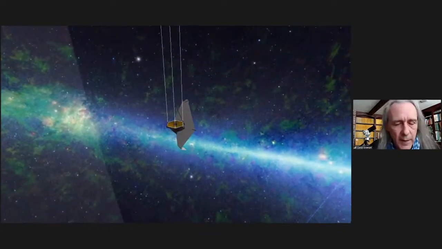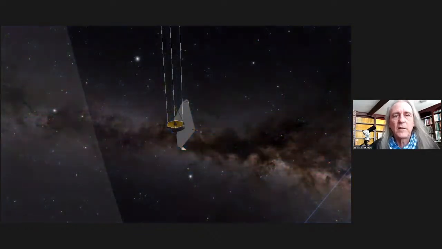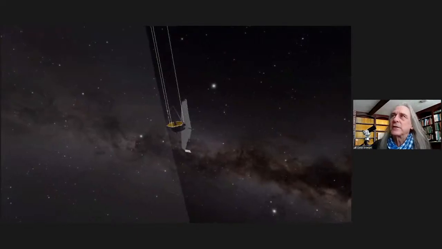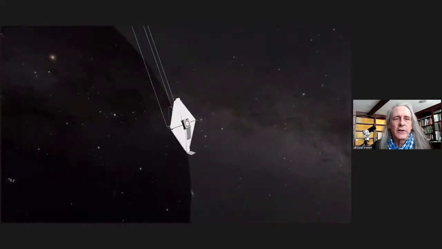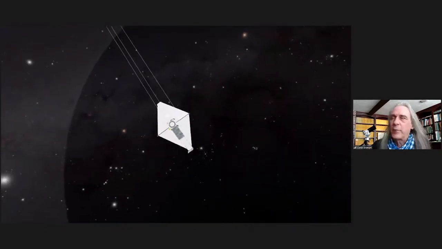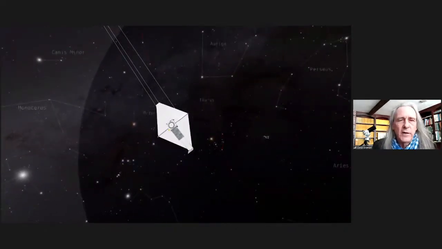So let me now just bring this back to visible. And so this is sort of a little more familiar, and we see some of the familiar constellations. Let me turn it around about like so. There's Orion, for example.